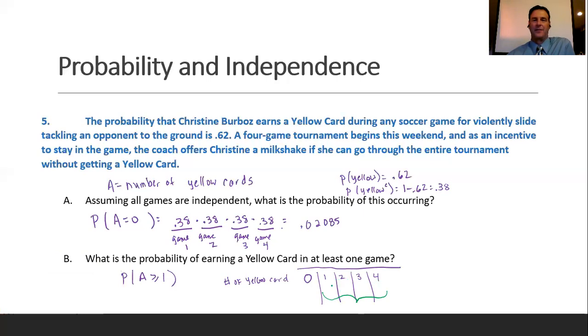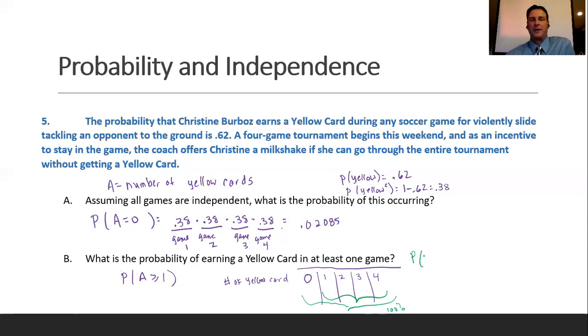It's a lot of different mathematics in order to get each of those results, and then you'd have to add them up. But here's what I know: while these 4 would answer the question, these 5 together must add up to 100%, because those are the only 5 outcomes that could exist in terms of the number of yellow cards that she could get. So here's what I can do, kind of a secret.